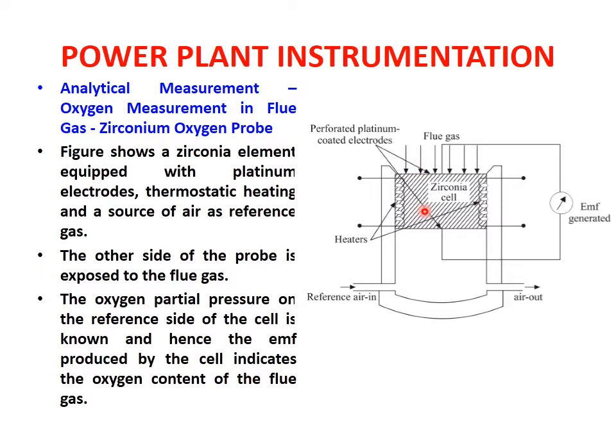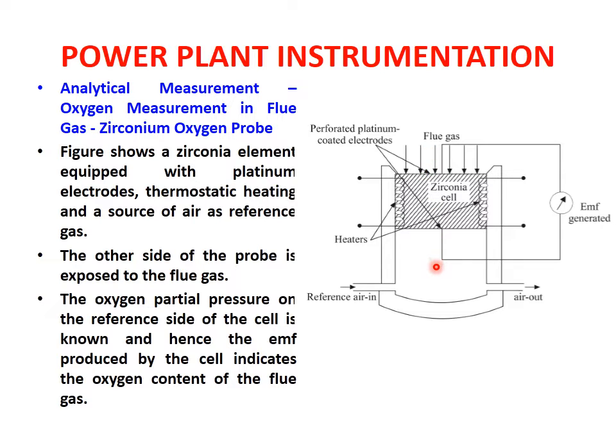The flue gases are going to pass over this zirconium cell, as we can call it, and at the two ends we have the heater coils. Over this zirconium cell the heater coils will be placed, and at the inlet of the flue gas and at the outlet of the flue gas, the perforated platinum coated electrodes are placed.